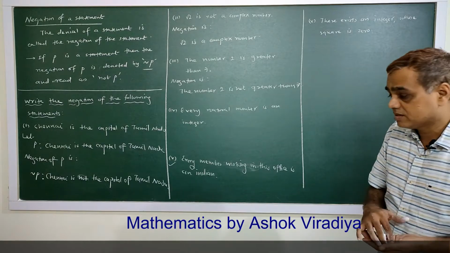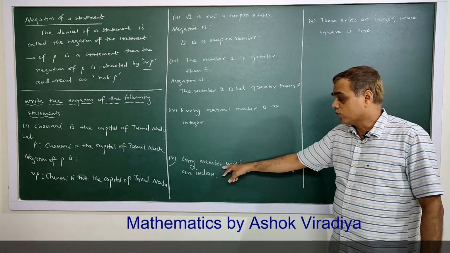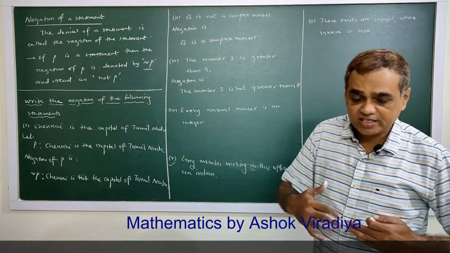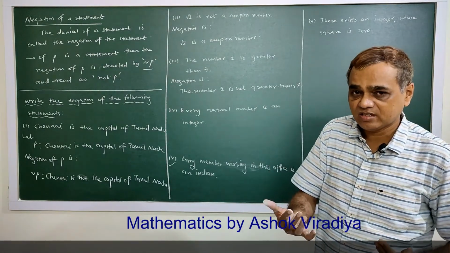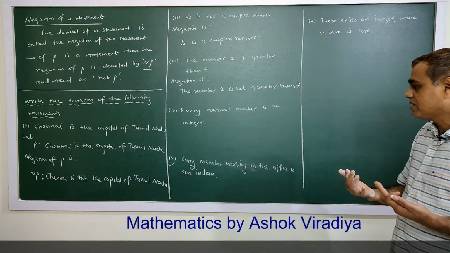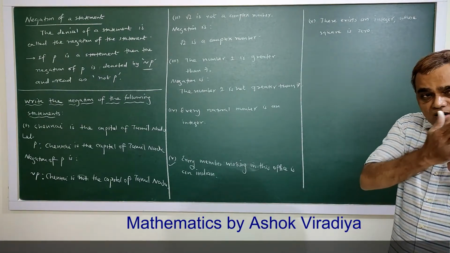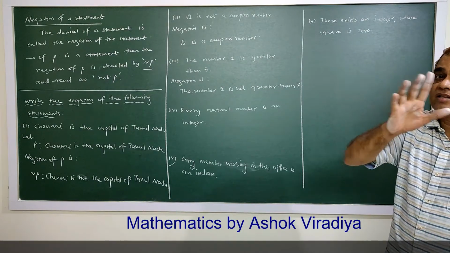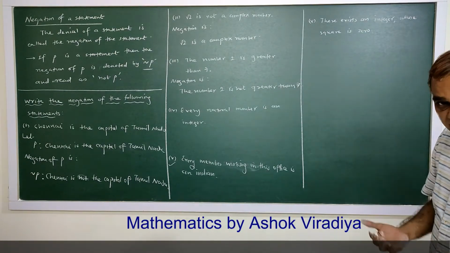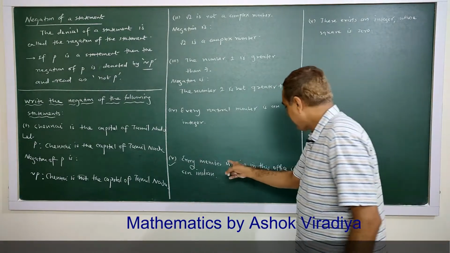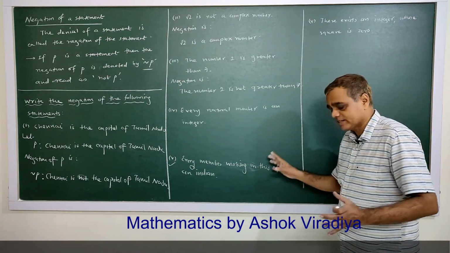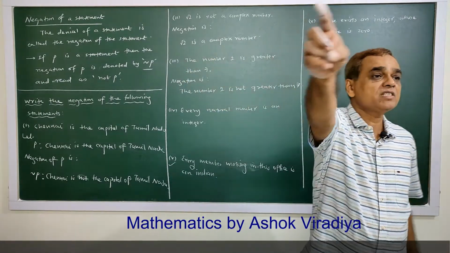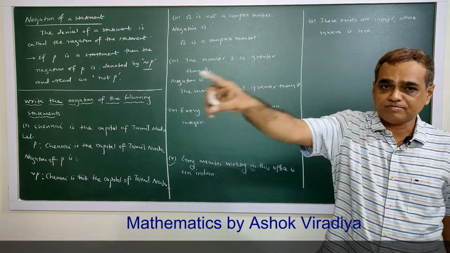Then what happens? The owner of the office, suppose Pradyuman the CID officer asks the question: are all people working in this office Indian? Then the owner of the office replies, yes sir, every member working in this office is an Indian.